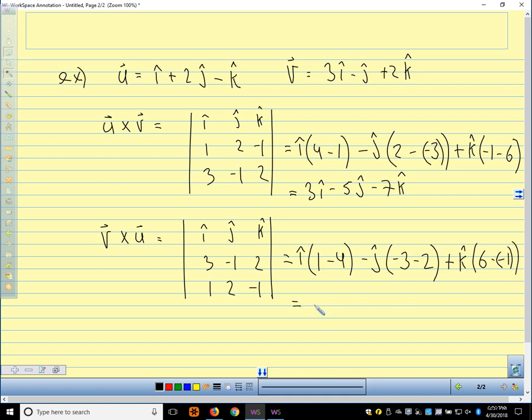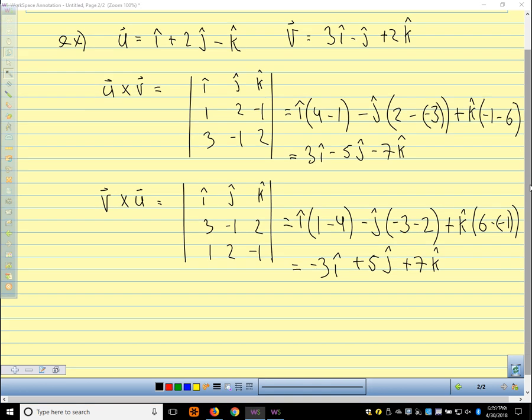And I get negative 3i hat plus 5j hat plus 7k hat. The signs are all different. So we see that u cross v, in this case, is negative v cross u.